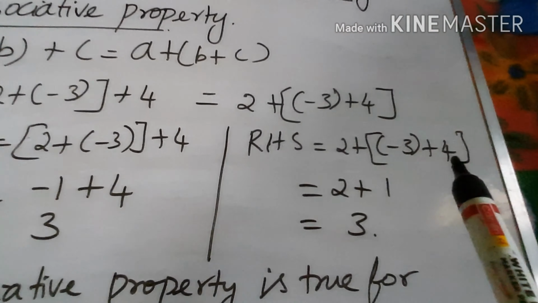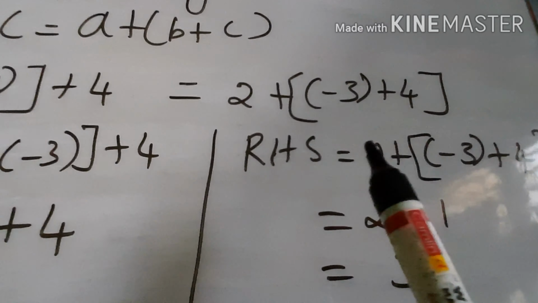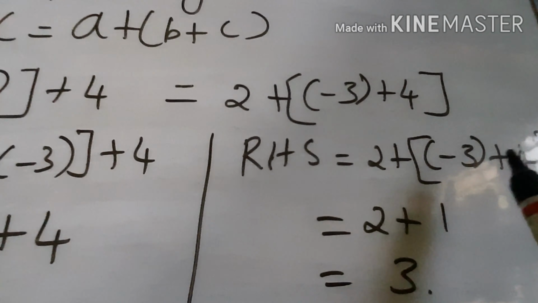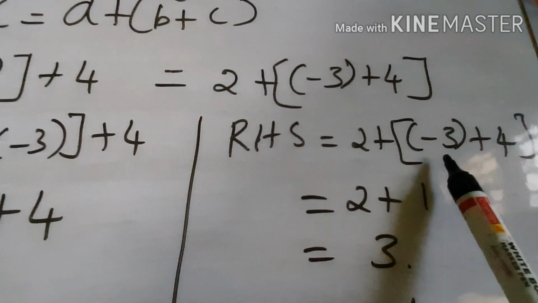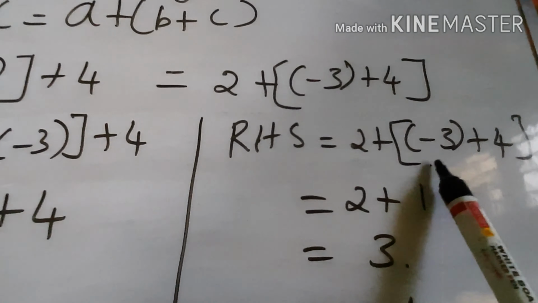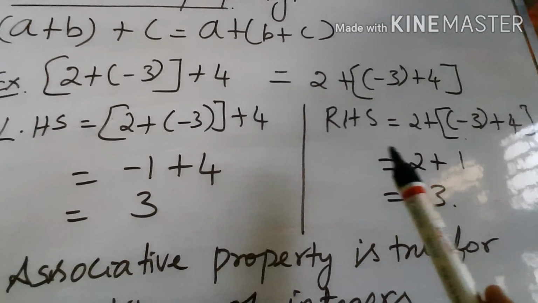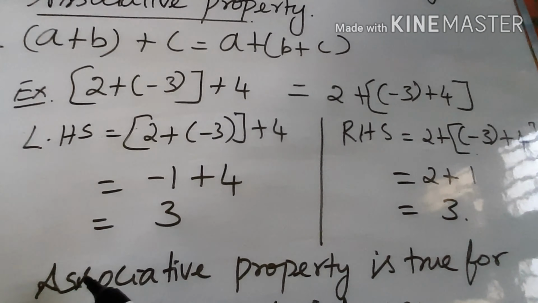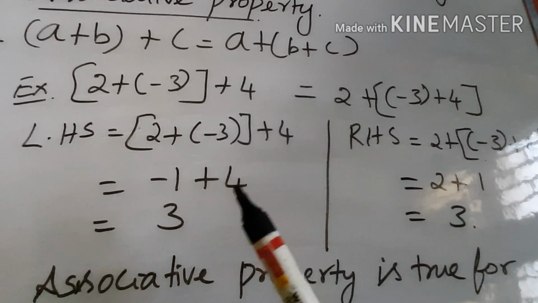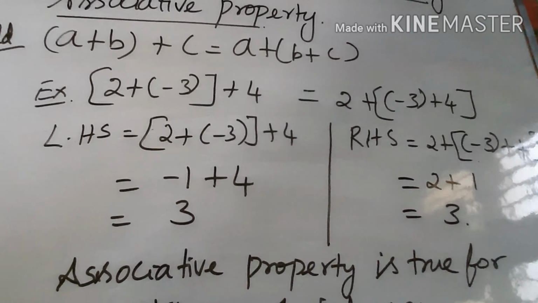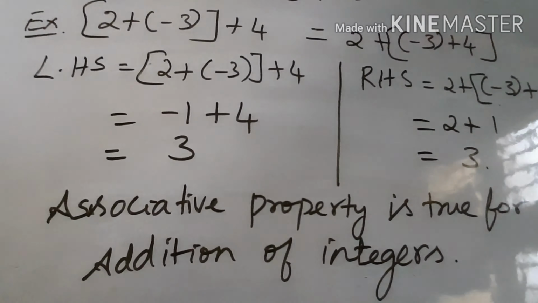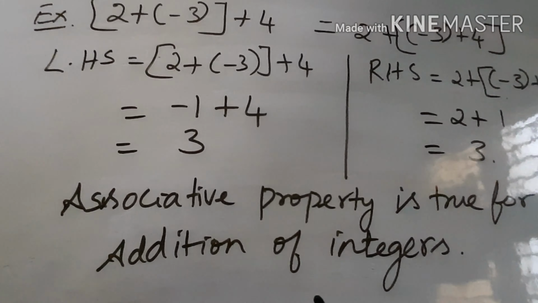Coming to the RHS, we calculate the bracket first, that is -3 plus 4, which gives 1, and then adding 2 and 1 you get 3. Here also 3 and there also 3. Both LHS and RHS are equal, so we come to the conclusion that the associative property is true for the addition of integers.